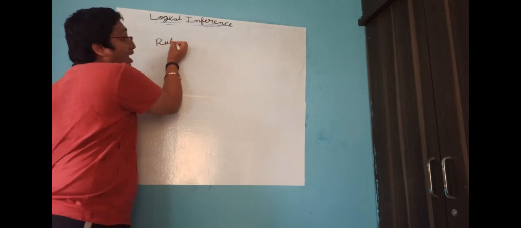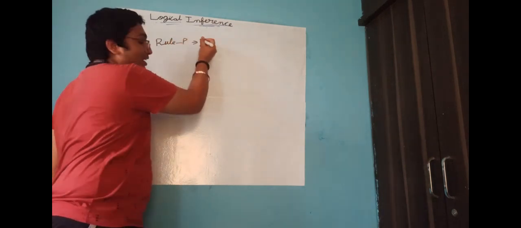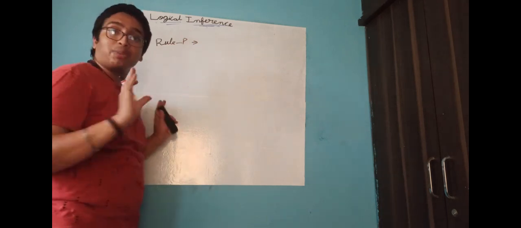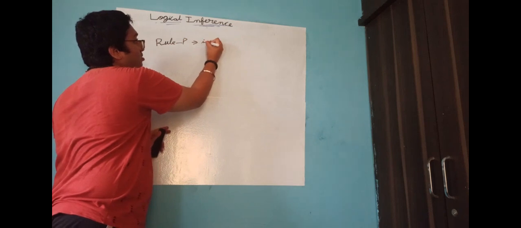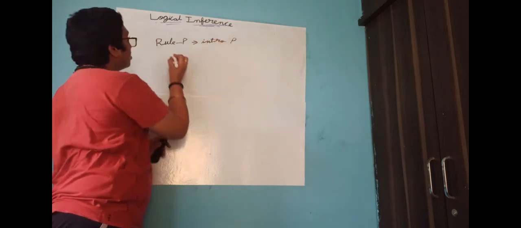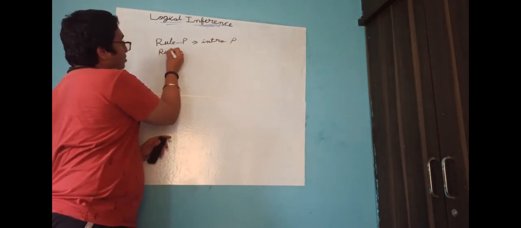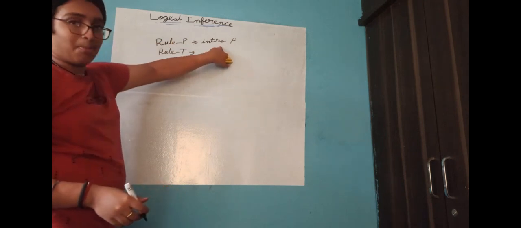Till now we have read what a premise is, right? So rule P is nothing but introducing the premise. That's it. We will introduce the premise. What is rule T?